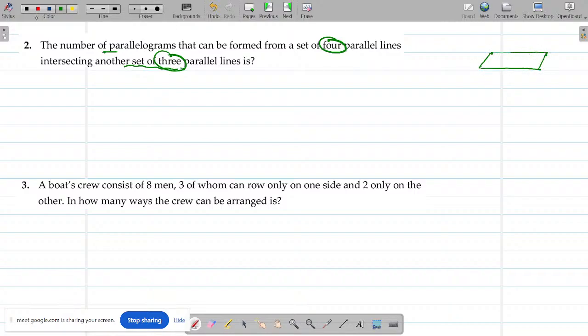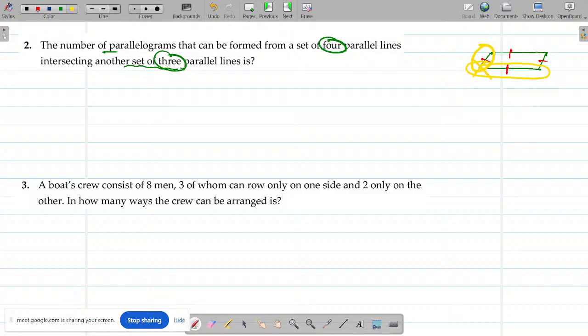If you take this line and this line, it will be parallel, and if you take this line and this line, it will be parallel. Now just think in this way. You have this line and you have this line. Definitely these two will be intersecting at this point. So you have one set of parallel lines and another set of parallel lines, and they are taken in such a way that they will intersect.